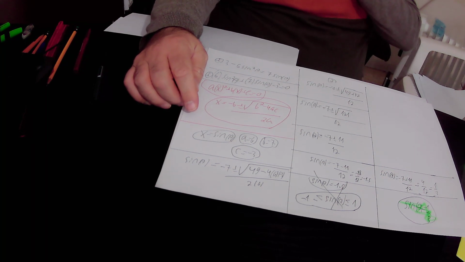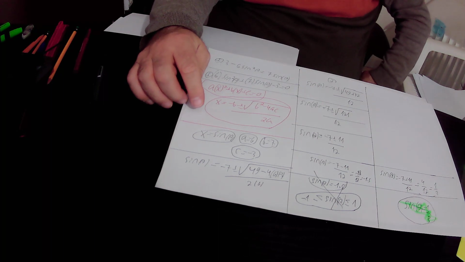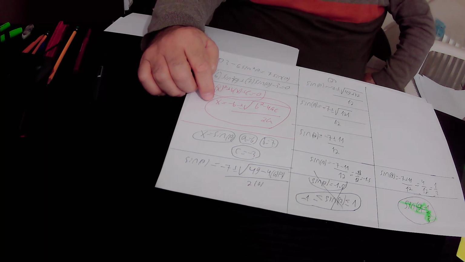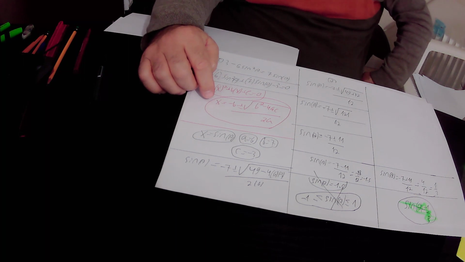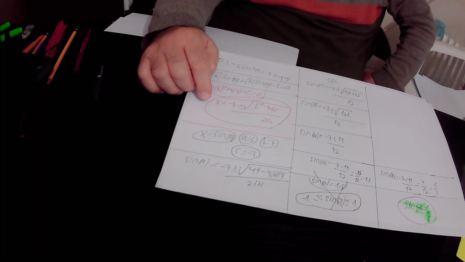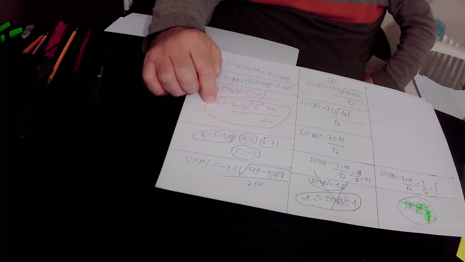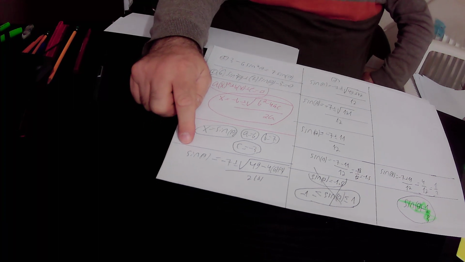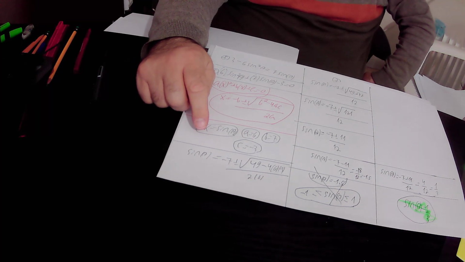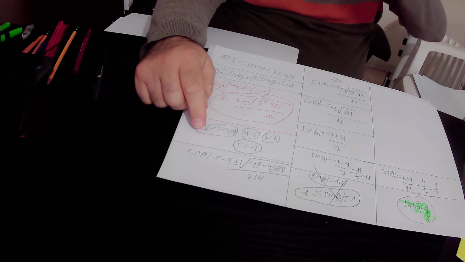So we will put the data into the formula for x, and we will find the value of sine theta, because x equals sine theta. Sine theta equals minus b, that is, b is 7, so minus 7, plus minus square root of b squared.